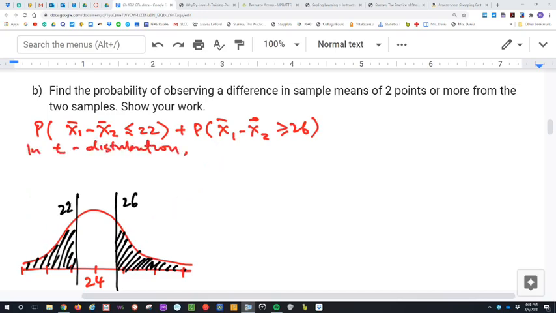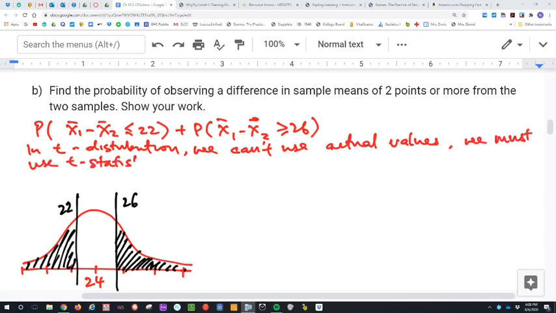So we talked about the sampling distribution being a T distribution. So in a T distribution, we cannot use actual values like what we usually do in a normal CDF. So what can we use? So we must use the T statistics.